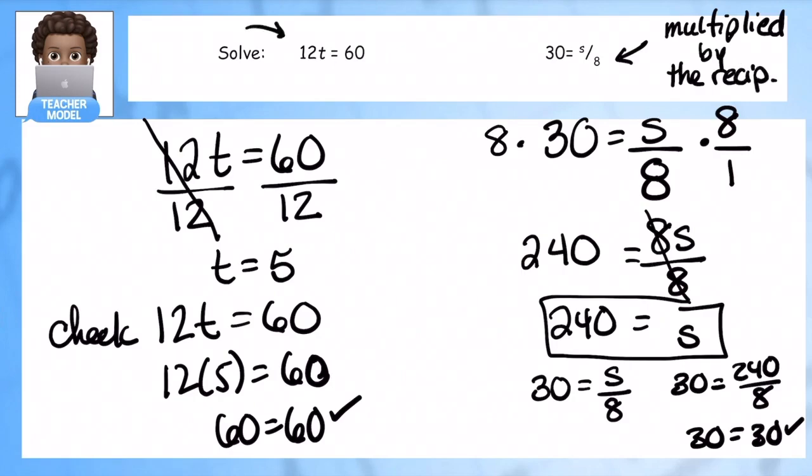On this end, I just divided by the coefficient. And notice I'm still just using opposites. When I see multiplication, I divide. When I see division, I multiply. So I'm using an inverse operation. It's opposite to get that variable by itself.